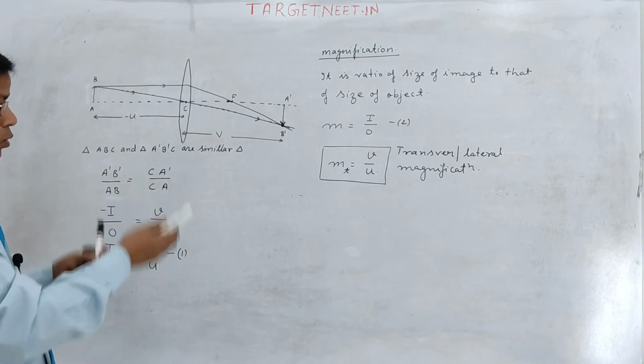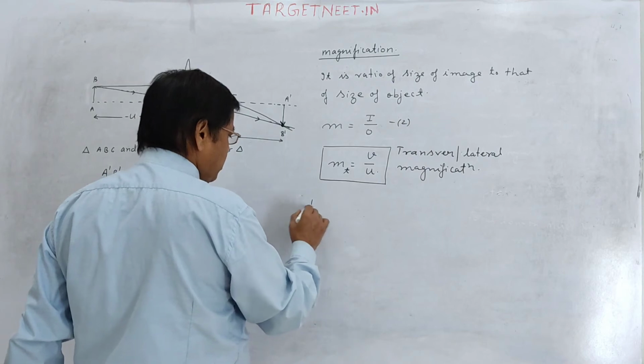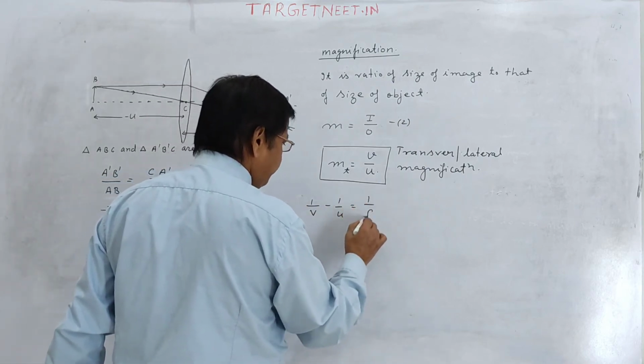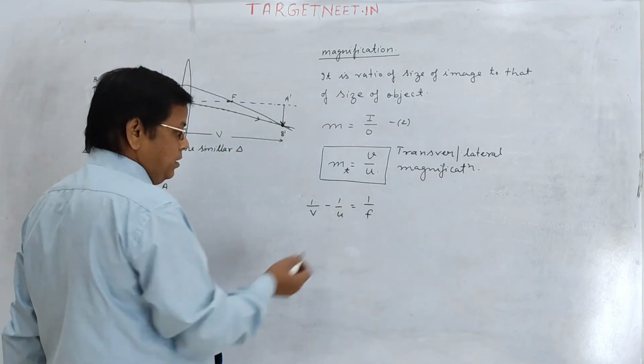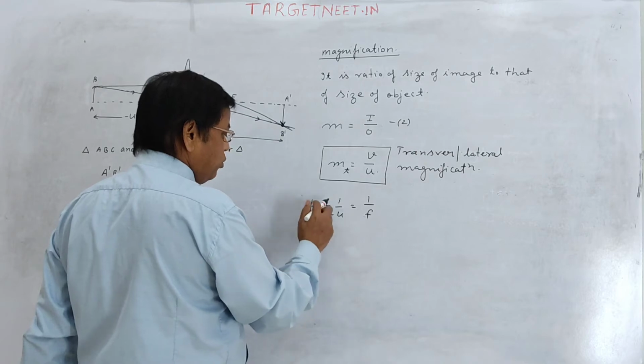Now this formula can be written in some other form also. 1 upon V minus 1 upon U is 1 upon F, and here U is negative, so this becomes positive.